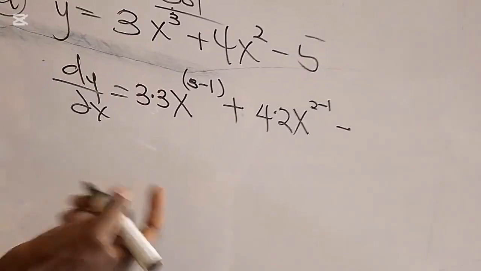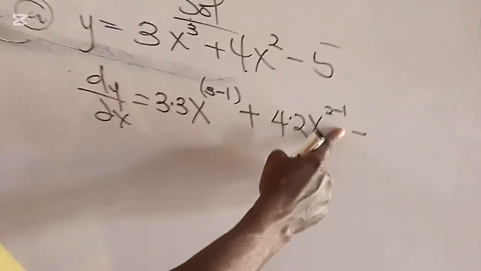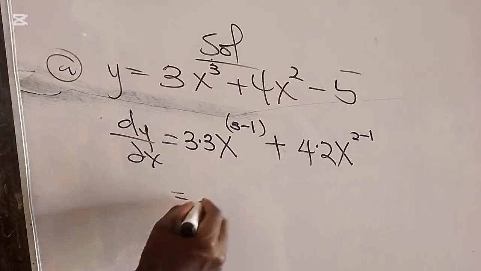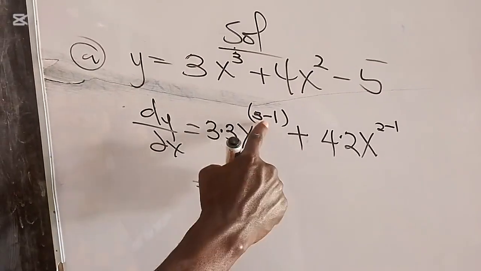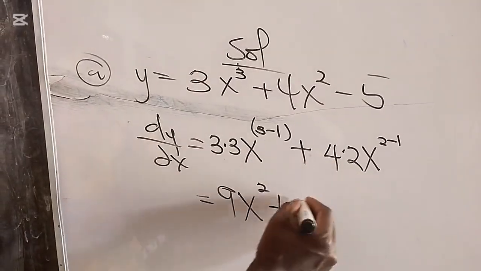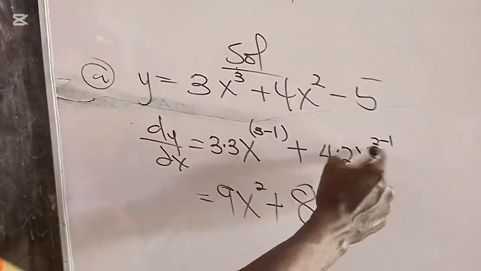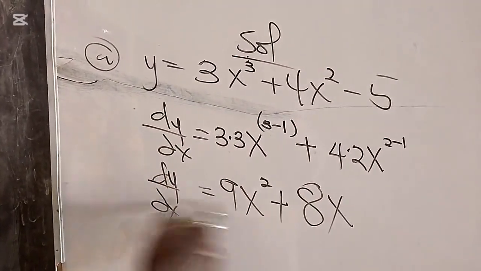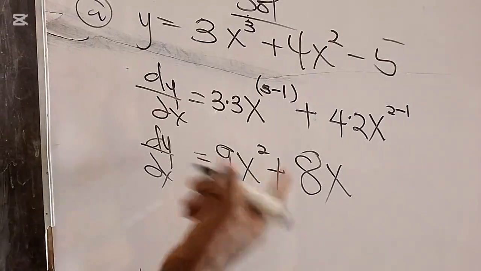You know that anytime we are differentiating a constant, we always have 0, which I already demonstrated. So this will produce 0. So we leave it. Then 3 by 3 gives 9x, you subtract 1 from 3, you have 2. Plus 4 by 2 gives 8x, you subtract 1 from 2, you have 1, but we don't write it. So finally, our dy/dx will give us 9x squared plus 8x.